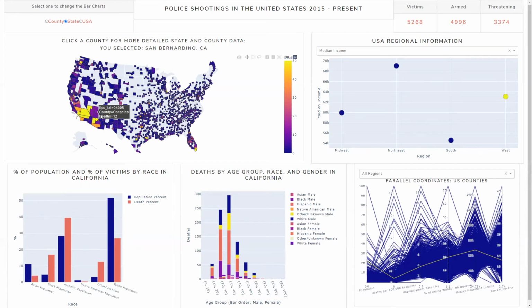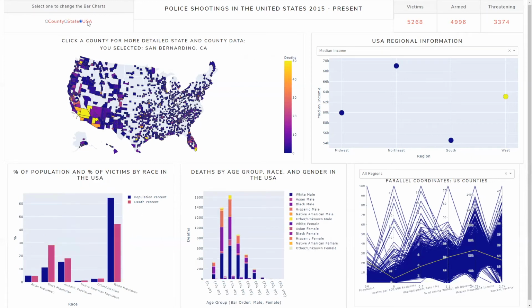And we can see this for all the counties, and I can also go to the whole United States as a whole, and I can see that relative to the population size, minorities seem to be killed at a higher rate than their size of their populations.